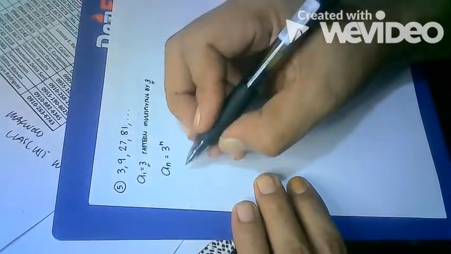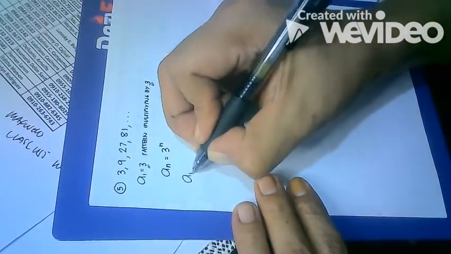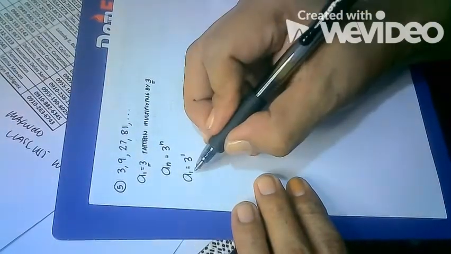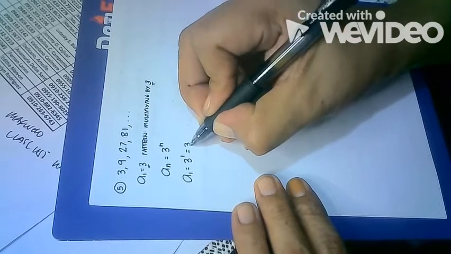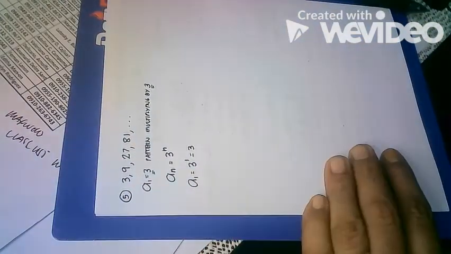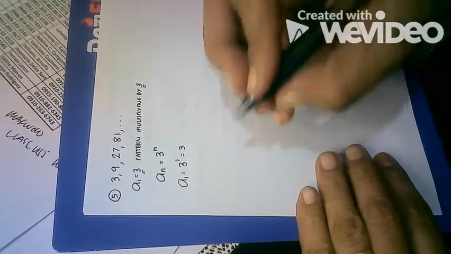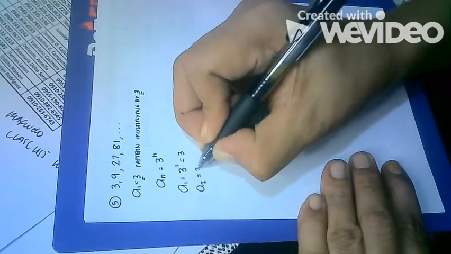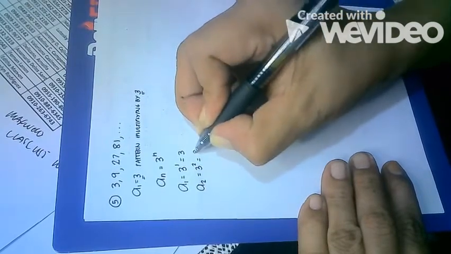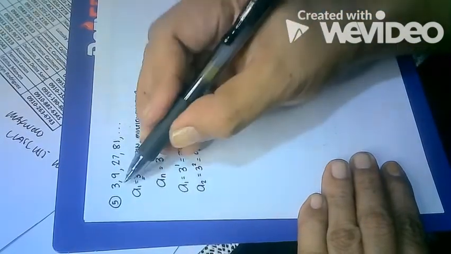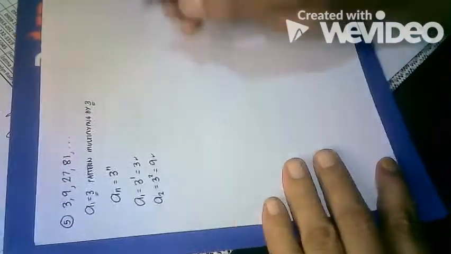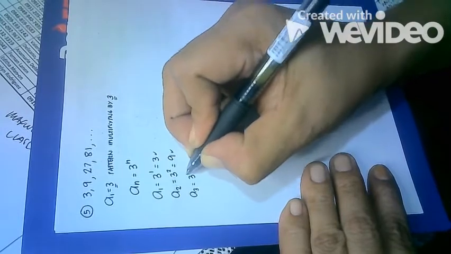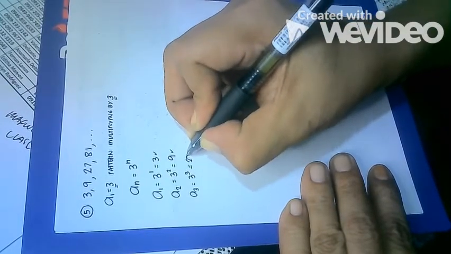So, let us check. a sub 1 now is equal to 3 to the 1, because your n is 1, equals 3. Okay, so let's proceed. Your a sub 2 equals 3 to the 2 equals 9. So check the first and the second term. And a sub 3 equals 3 to the 3, which is equal to 27.